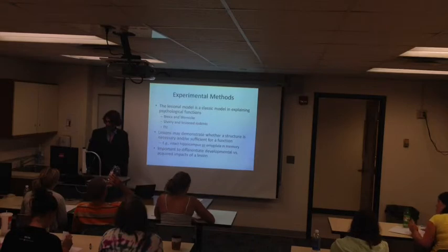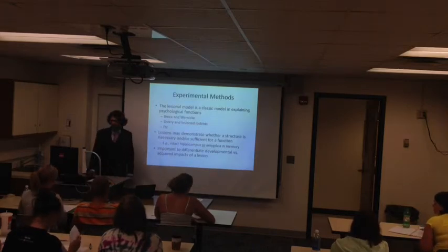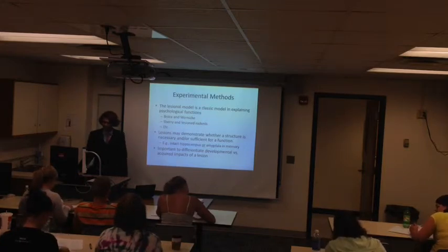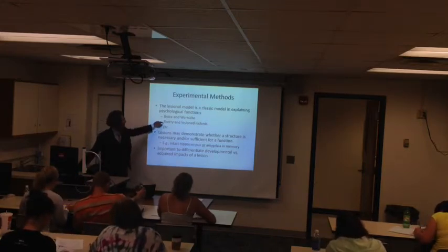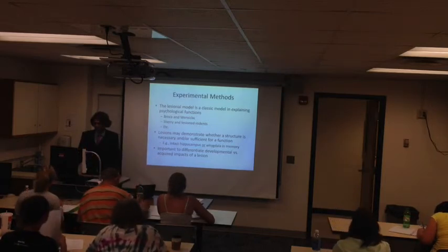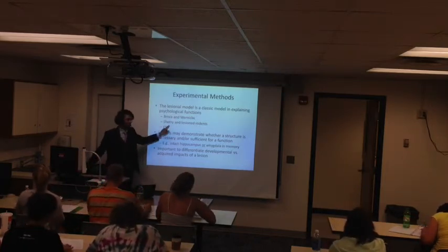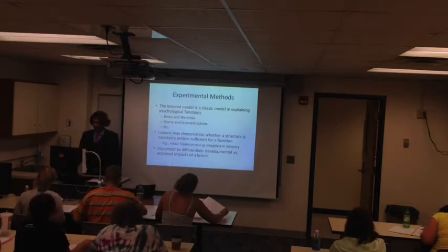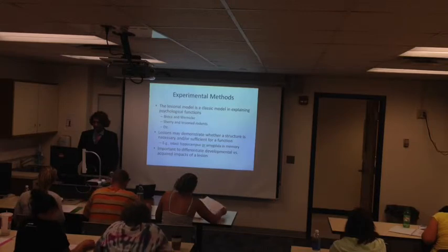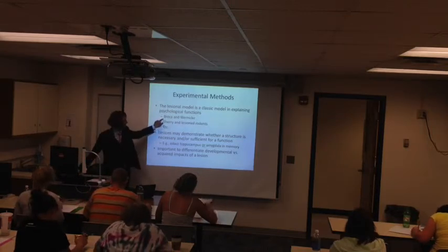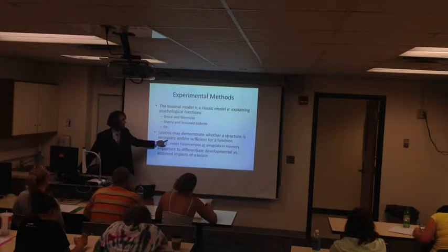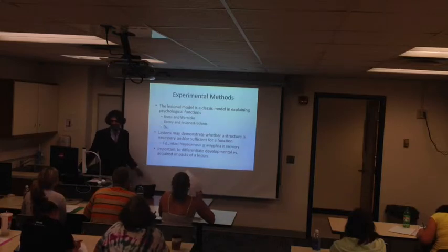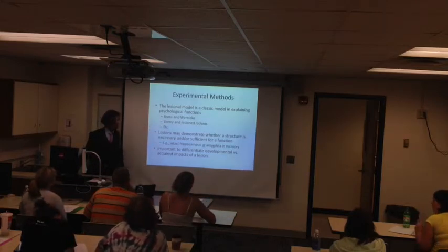Okay, so the lesional model is a really important model to understand in experimental methods. It is a classic in explaining psychological functions. You go back to Broca and Wernicke, these two situations that were lesionally based, right? Like the brain tumor and the gunshot injury. These are models that explain that a structure was necessary or sufficient for a function. Meaning, for instance, that Broca's patient didn't have a productive speech area and he couldn't talk.